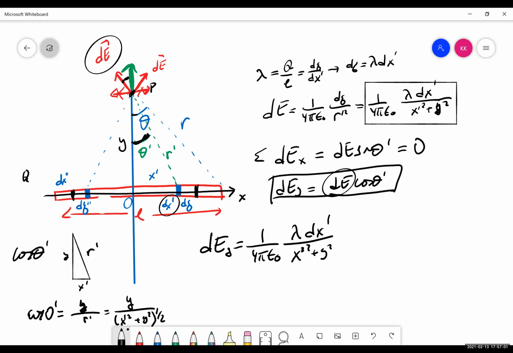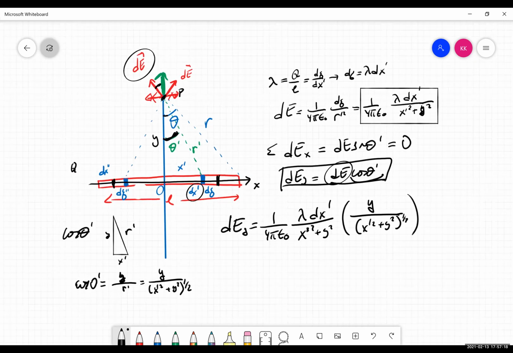So I get that. That means this cosine of theta prime is replaced with y over x prime square plus y square to the 1/2, which is again kind of similar to the previous example that I did.